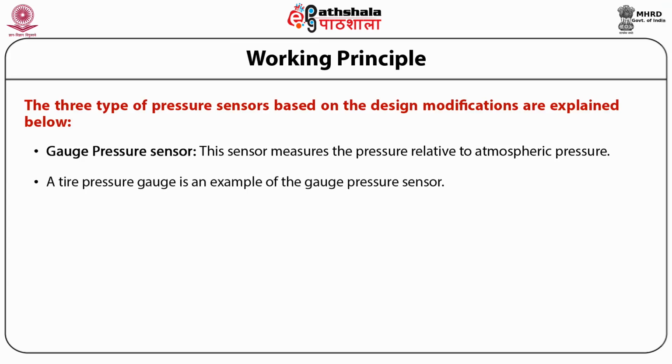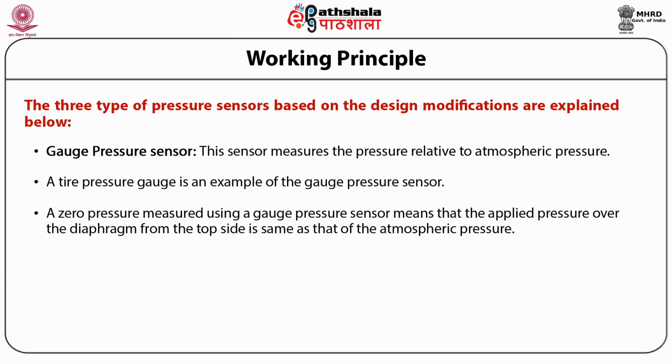A tire pressure gauge is an example of a gauge pressure sensor, and a zero pressure measured using a gauge pressure sensor means that the pressure applied over the diaphragm from the top side is the same as atmospheric pressure.